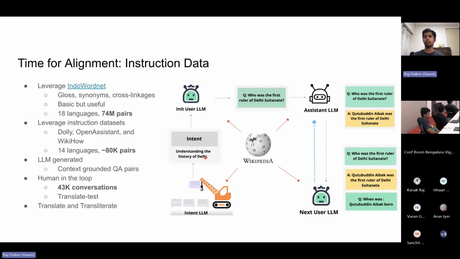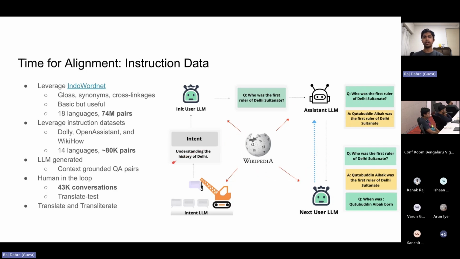For example, we ask the model that the intent will be understanding the history of Delhi. And then we ask the LLM itself to generate a specific question. Then we have another LLM or the same LLM answering specific questions and having turns in conversing with itself or with each other. And this way we have questions and answers grounded in specific context based on Wikipedia itself.